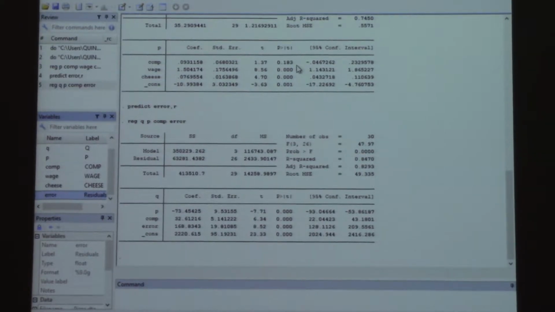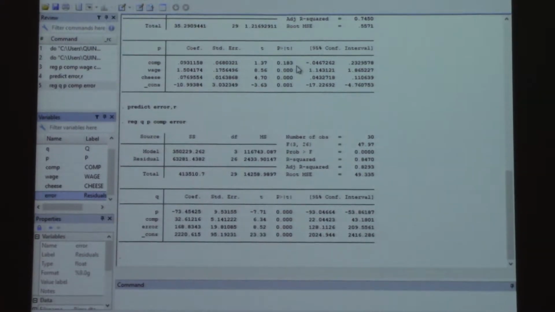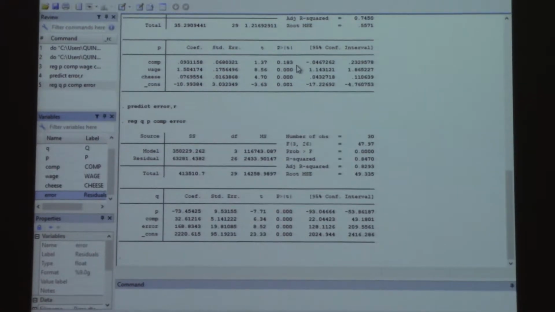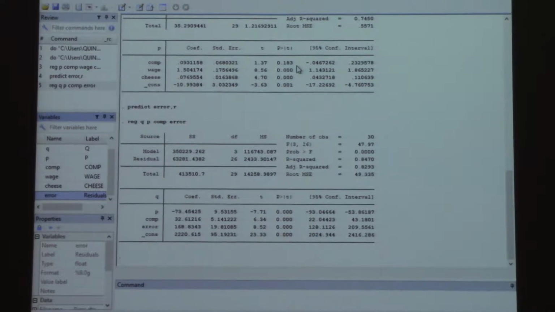If wages go up, then the price of pizza is probably going to go up. If cheese goes up, then the price of pizza is probably going to go up. So we satisfy our relevance. These are relevant instruments. And then our exogeneity or orthogonality condition is that they don't belong in our original equation of interest.